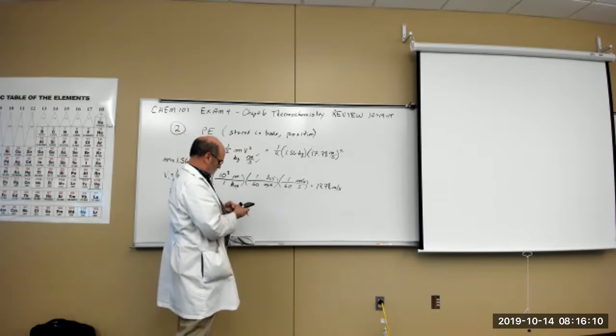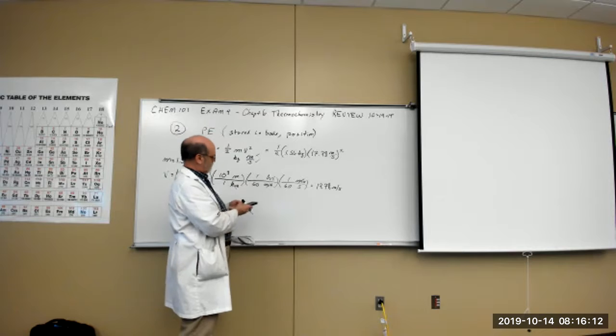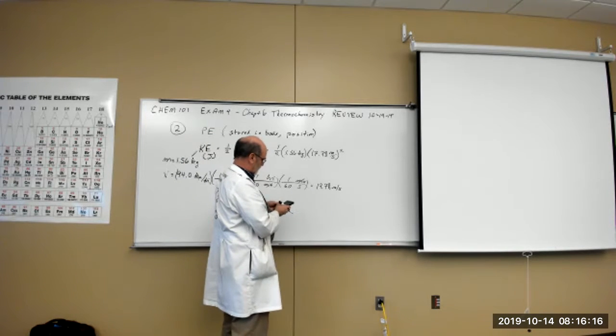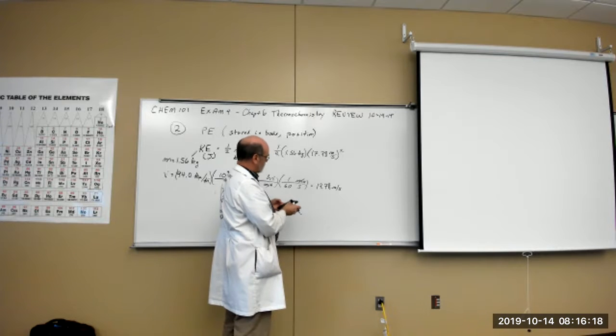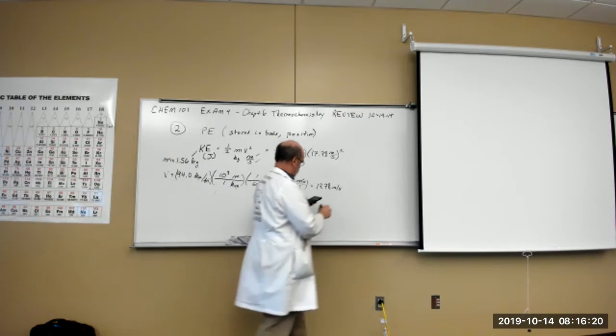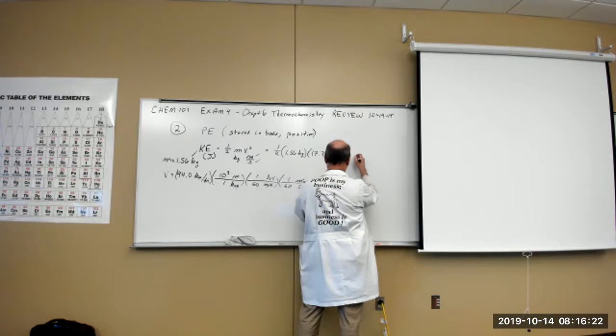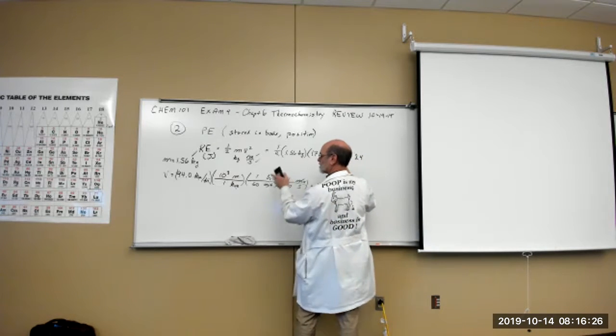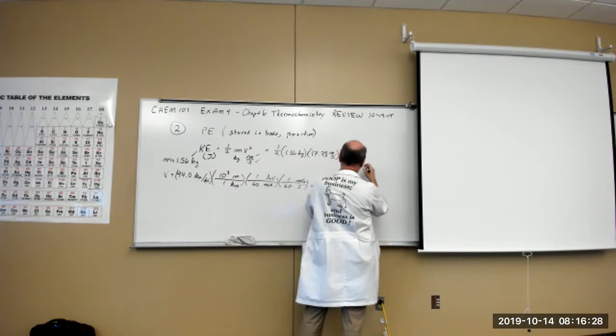All right, so 1.56 divided by 2, and then 17.78 squared. So I get 240, let's see, 3 significant figures, 7.